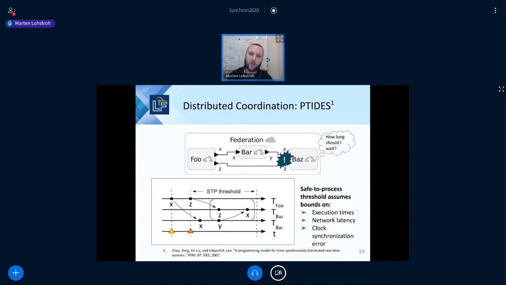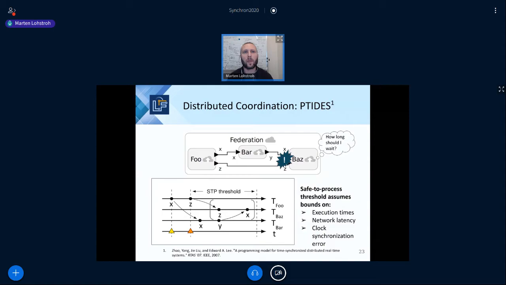And the question here remains, of course, how to ensure that all events are observed in tag order. And this question boils down to the following question. Given a tag T, how much physical time should be allowed for reordering incoming messages from other federates, so that after this time window, we can expect no more messages to arrive with a tag smaller than T. So you can see here this window in the figure.